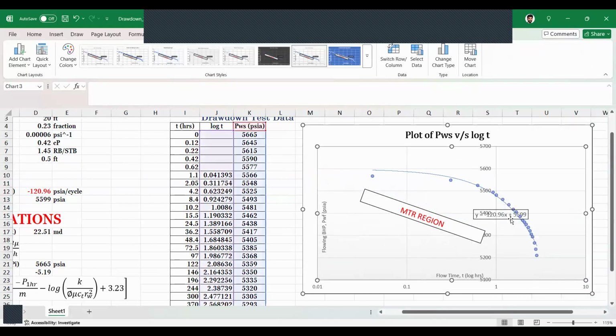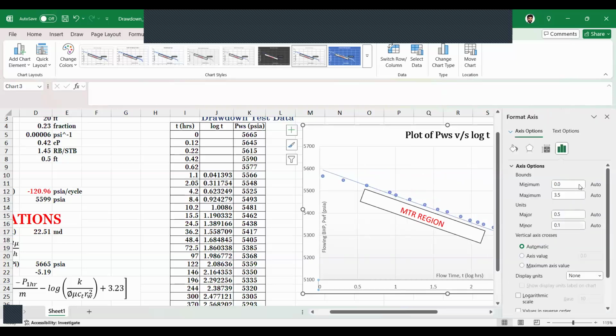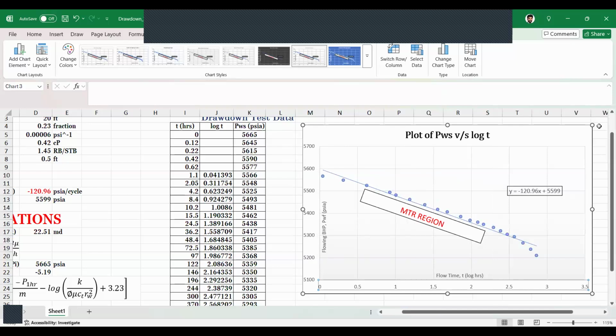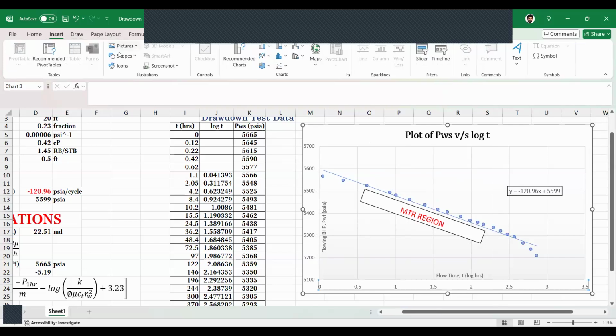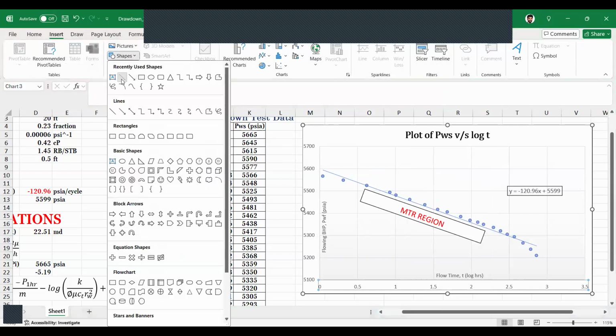So that is log time, and I have just taken a slope for this curve, assuming that it is fully MTR. Let's look at it more carefully. If you try to understand what's happening in this, let's insert a straight line and see how it actually looks.